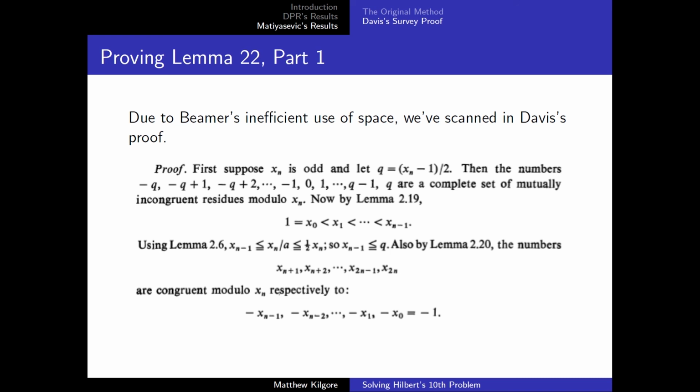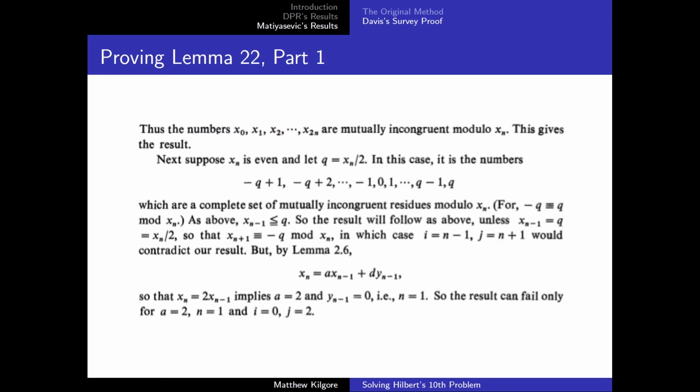Applying lemma 2.6, we get x_{n-1} is less than or equal to x_n over a, which is less than or equal to half x_n. Thus x_{n-1} and the entire sequence is bounded by q. Also by lemma 20, these numbers are congruent to negative x_{n-1} through negative x_0, itself equal to minus 1. Thus, x_0 through x_{2n} are all different mod x_n, given the result.